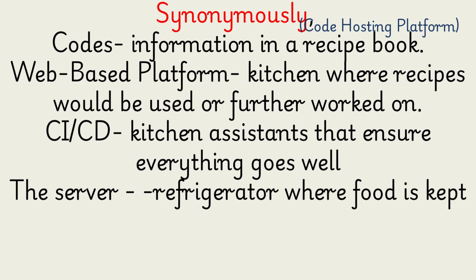So a developer writes code on his computer on the code hosting platform, right? This code that has been written is then transferred to the web-based platform where developers can collaborate with each other to work on the code, right?